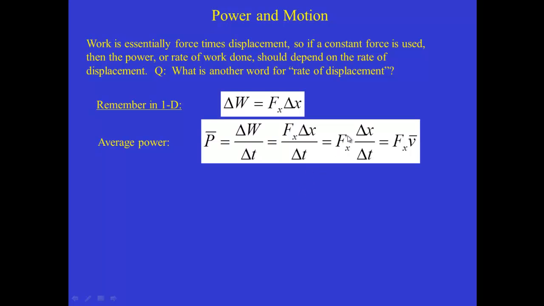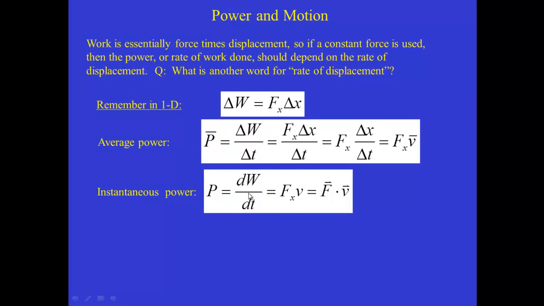More properly, it's the average velocity, but since we're calculating average power, that's consistent. So the average power is the x component of the force times the average velocity for an object moving in one dimension. Instantaneous power would simply be the derivative, which can be expressed as F sub x times the instantaneous velocity.